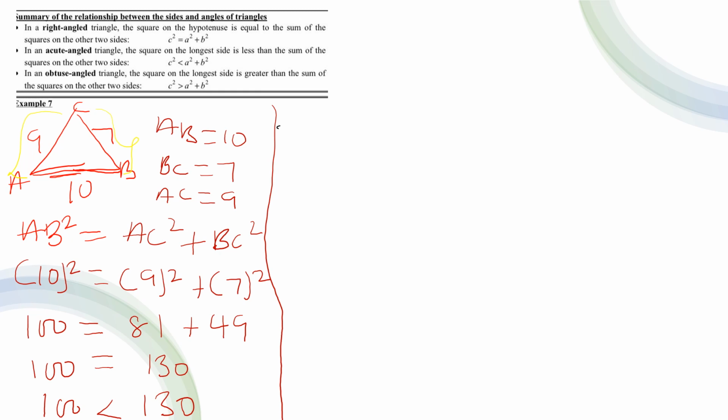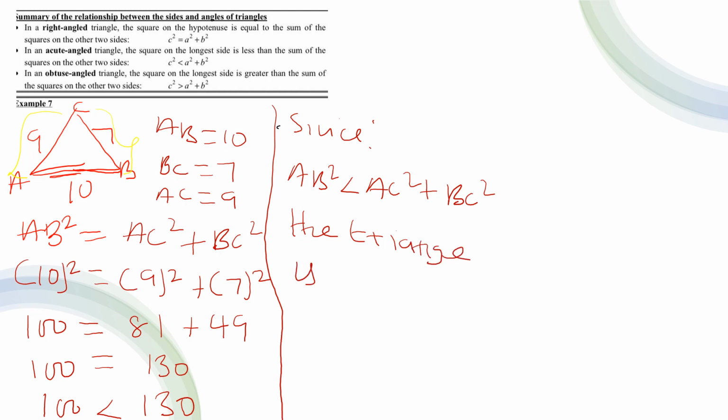Since AB squared is less than AC squared plus BC squared, because AB squared is 100 and the sum of AC squared plus BC squared gives us 130, therefore the triangle is acute. Acute angle. Okay, guys.